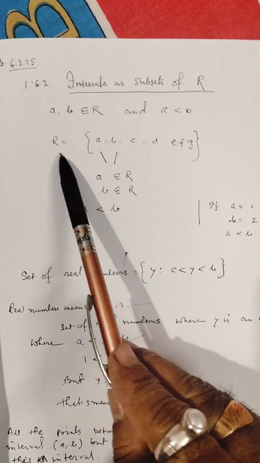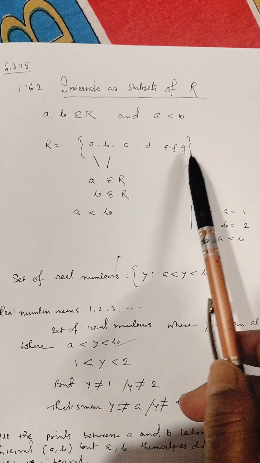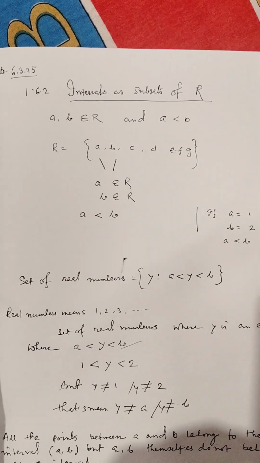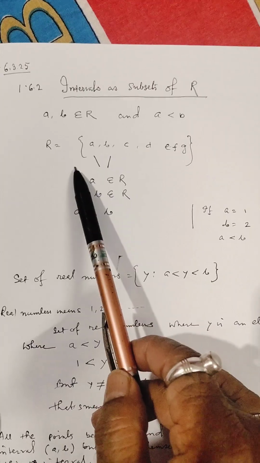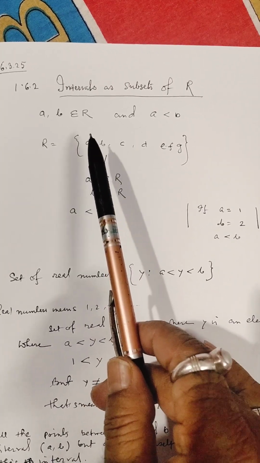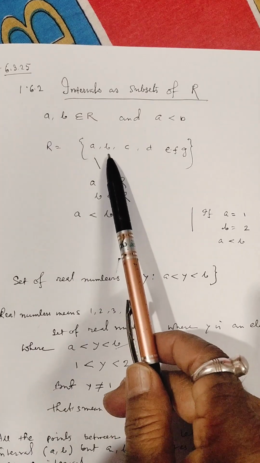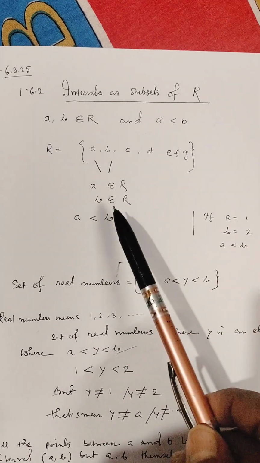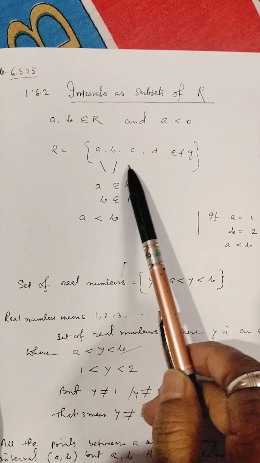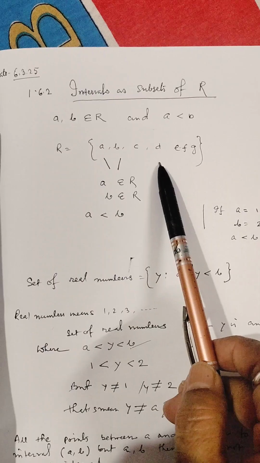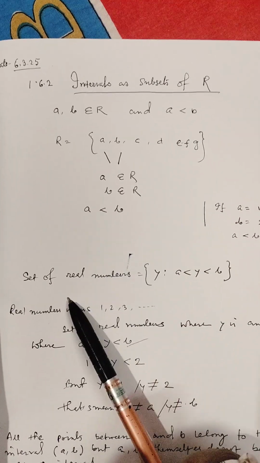Then R is a set of real numbers, and a belongs to R, a is an element of R, and b belongs to R, b is an element of R. So a, b both belong to R, where R is the set of all real numbers.